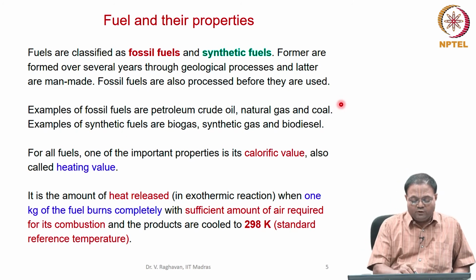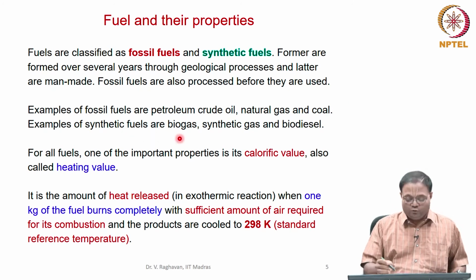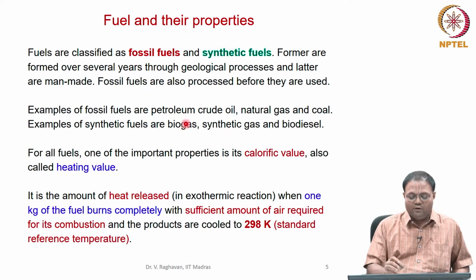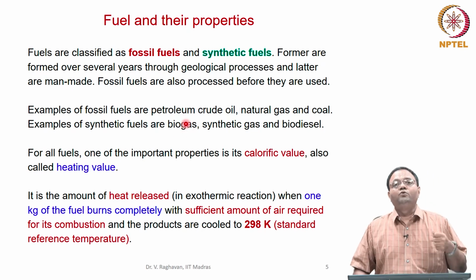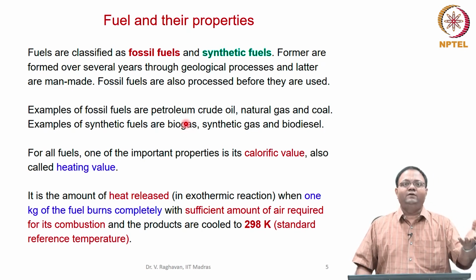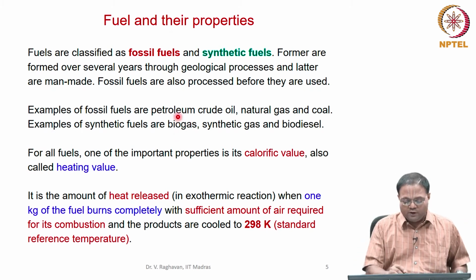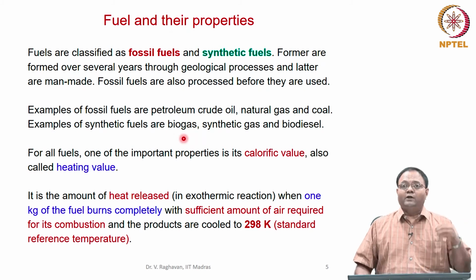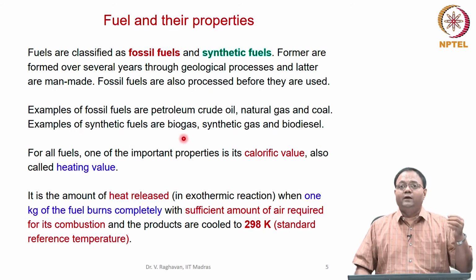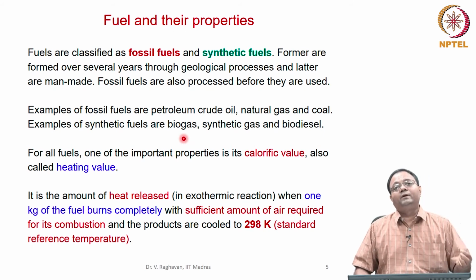Okay, synthetic fuels on the other hand, we have to make, as I told you. So biogas is the example which involves usage of, say, animal waste, solid waste or some plant waste, etc. Fermentation is the process in a particular reactor under particular conditions. We have to do that so that you get biogas. The yield and the composition of biogas will be dependent upon the source from which it is formed.